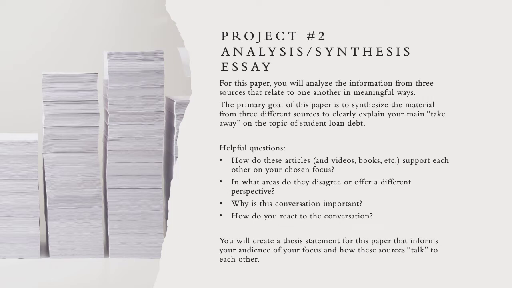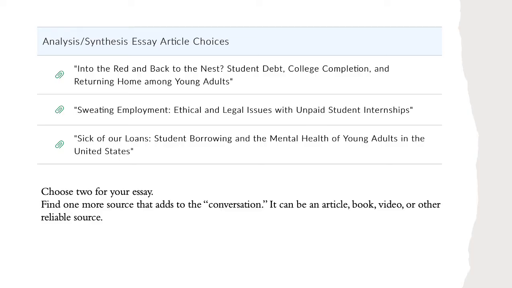Okay, so let me explain that in a little more detail. Here are the 3 articles that you're working with. These were listed in last week's module. All 3 of them have to do with some aspect of student loan debt. You're supposed to read all 3 of them and then choose 2 that you would like to work with for this project. Then you're going to choose another source of your own individual choosing.